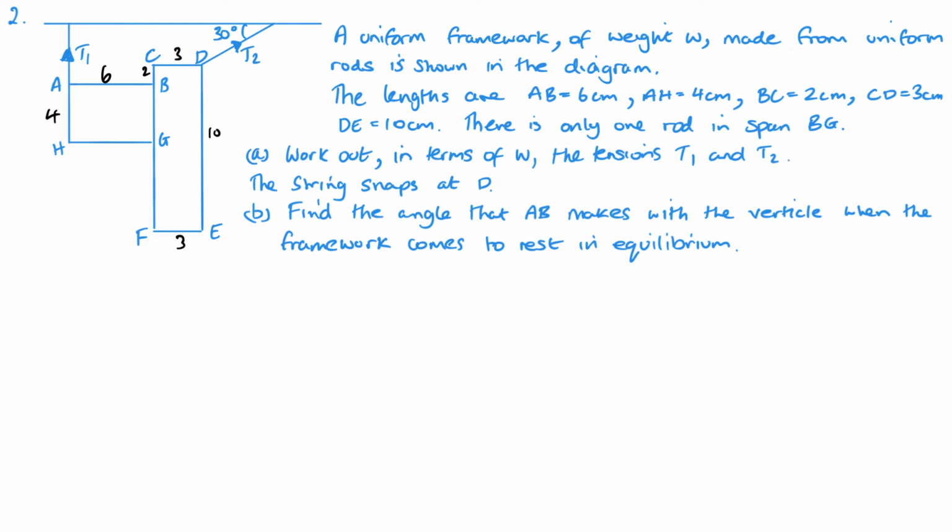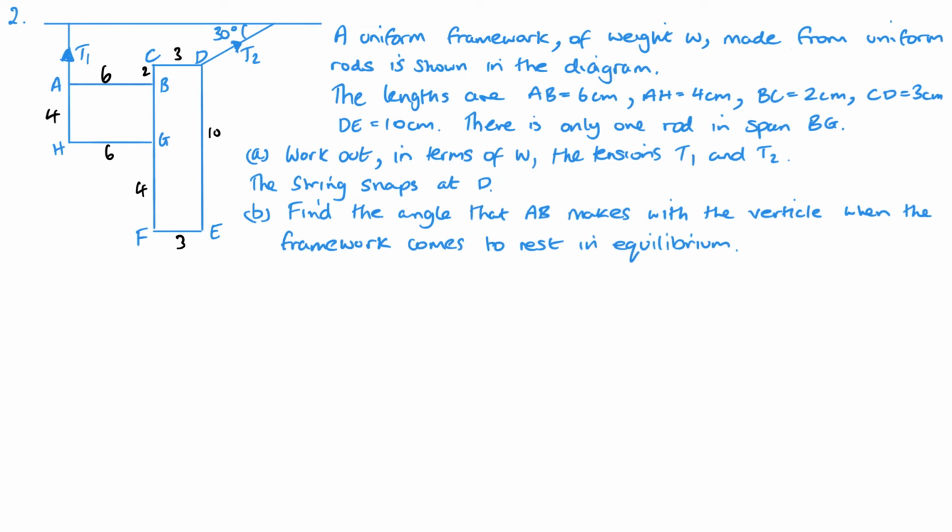I'll just pop in the other values there. Also we know 2, 4, 6, so this has got to be 4 there, and obviously that one's 6 there. So we need to work out, in terms of W, the tensions T1 and T2.